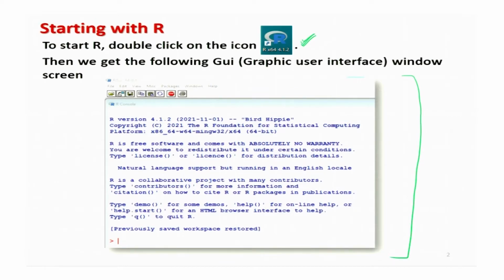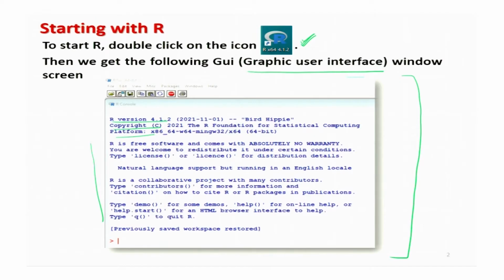And this window is called the GUI window, that is graphic user interface window. And this is the screen on which they have mentioned this R, for example, what the version of R is, where the copyright is, what the platform is, etc. And this is the starting point from where we start working in R.